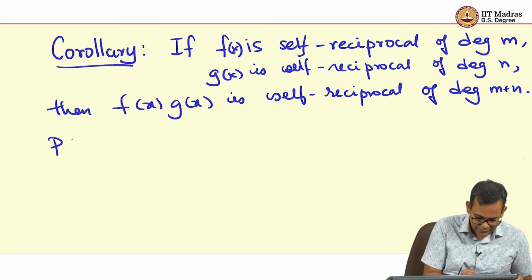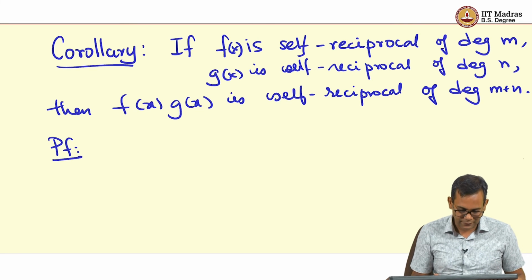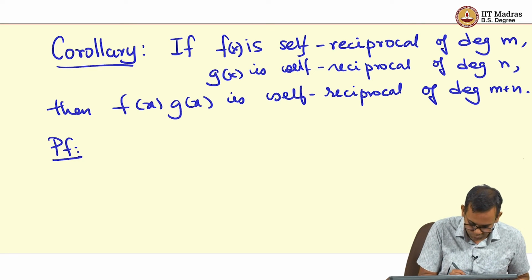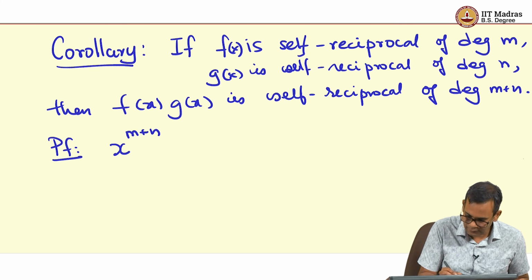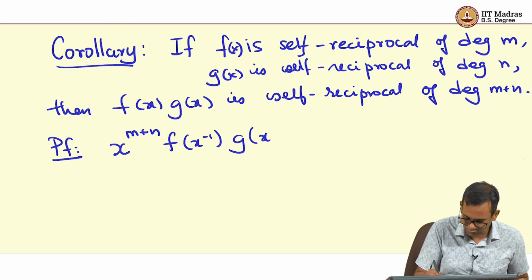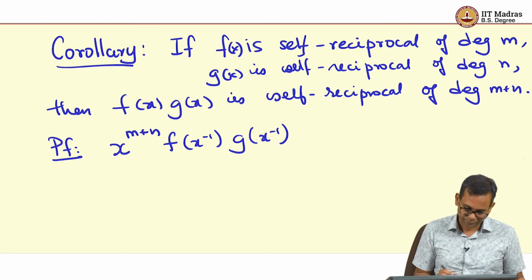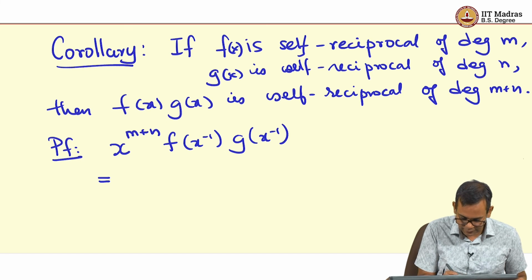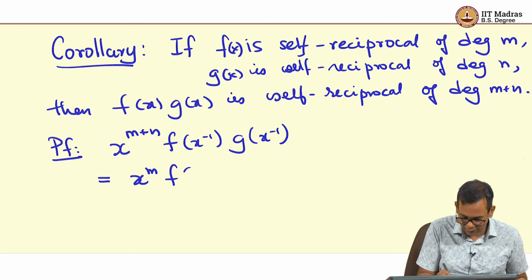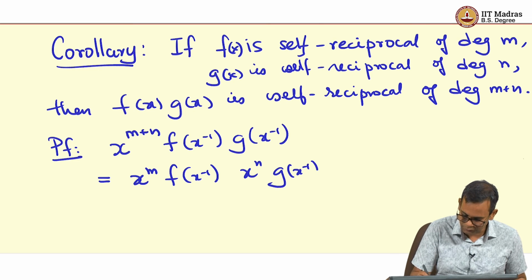The proof is very simple, we just apply the criterion from the previous lemma. So, let us compute x to the power m plus n f of x inverse g of x inverse. Well, I can write it as x to the power m f of x inverse times x to the power n g of x inverse.